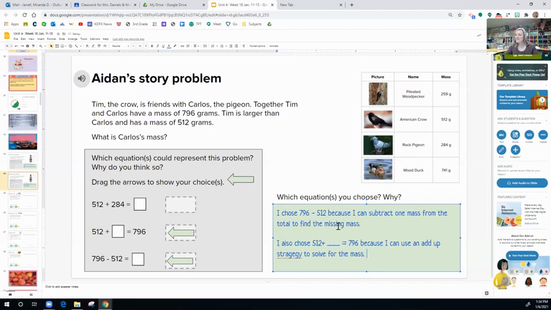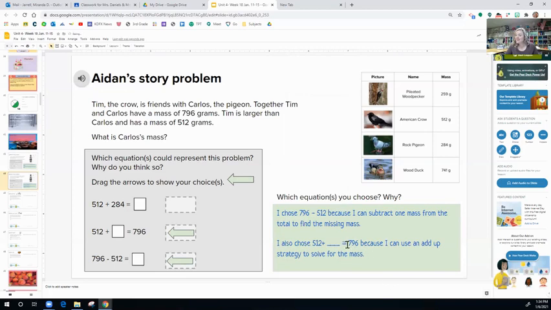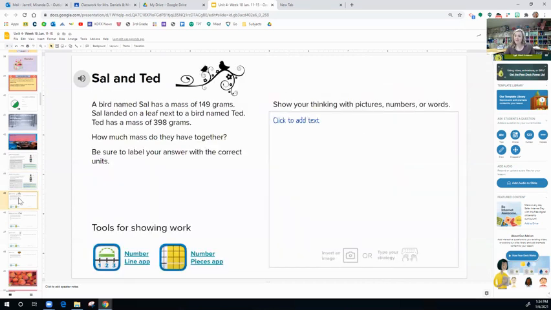Okay, so I chose 512 plus something is equal to 796 because I can use the add up strategy to solve for the mass. And here we chose 796 minus 512 because I can subtract one mass from the total to find the missing mass. All right, we're going to keep going.